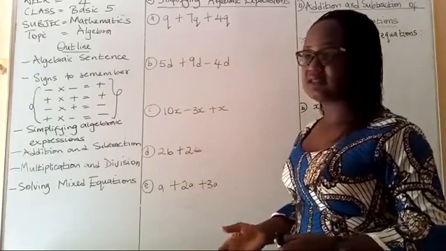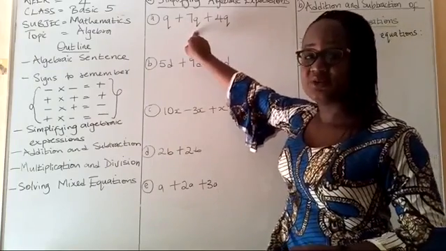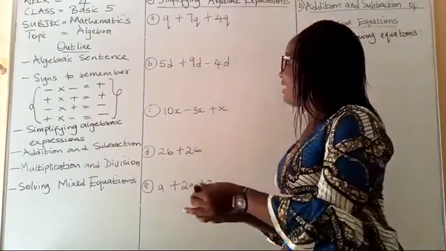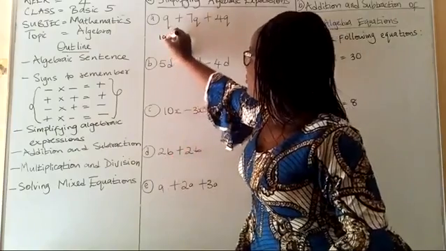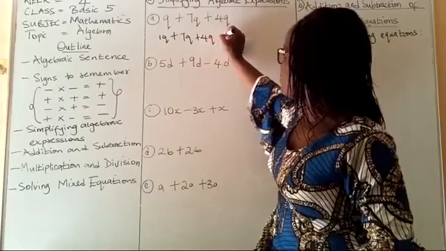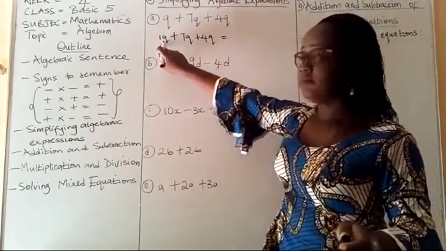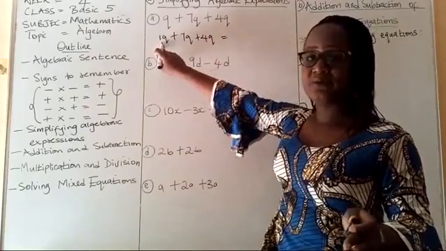Or we can still count it this way: q plus 7q will give you 8q. It's just like adding 1q plus 7q plus 4q. Like I said, in maths we don't put down the 1.